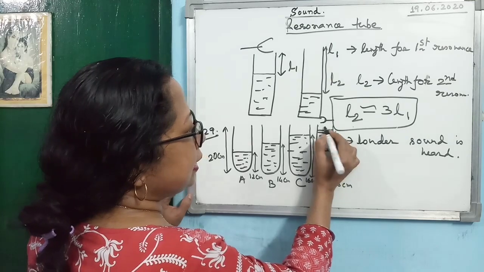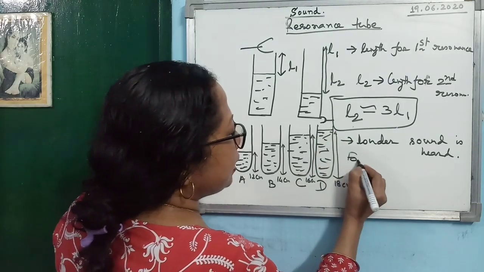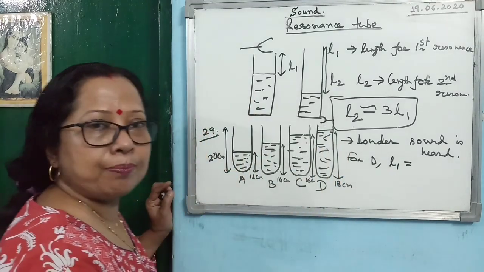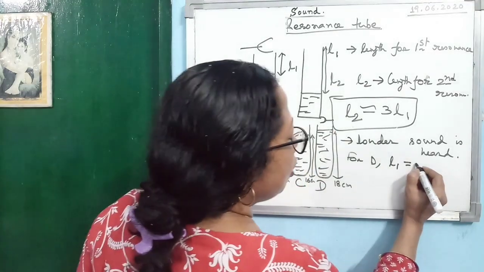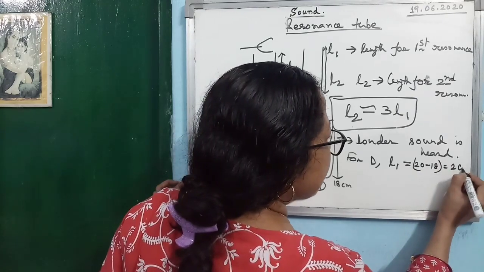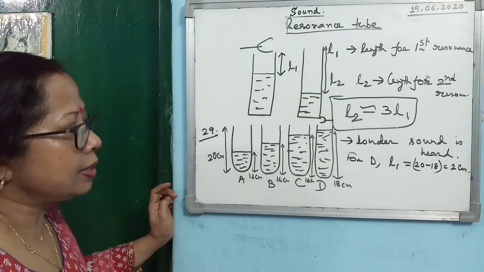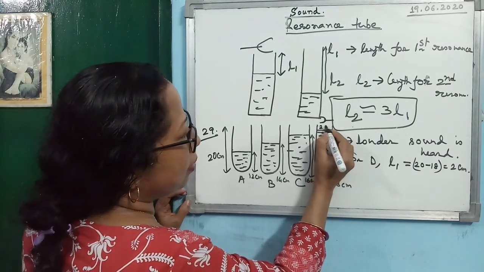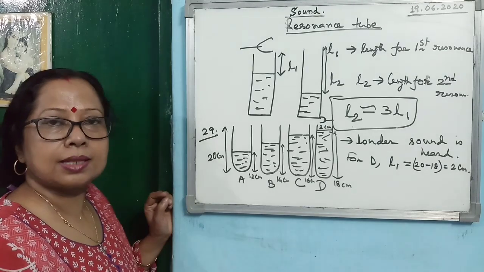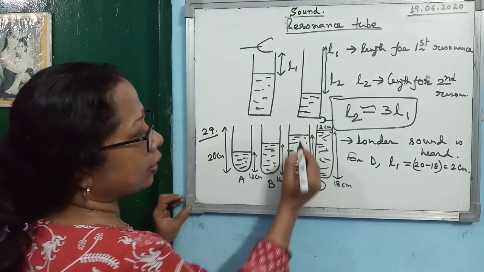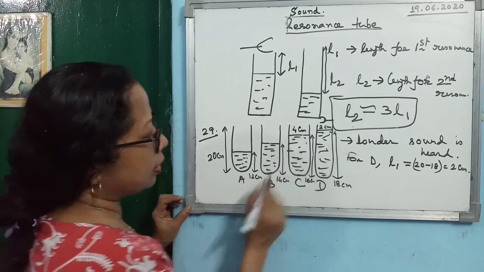Alright. So, how can you do it? First of all, for D, what is the length of the vibrating air column? Find it out. It is 2 centimeter. Alright. I am writing here: 2 centimeter is the length of the air column. Then for C, what is the length of the air column? 4 centimeter.